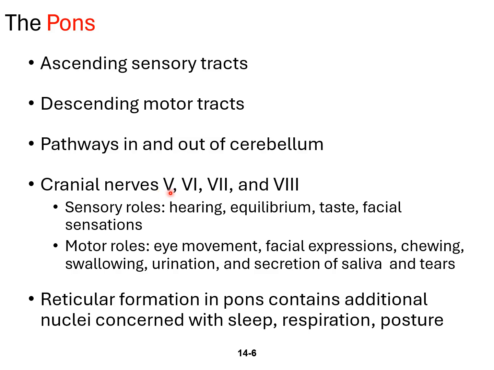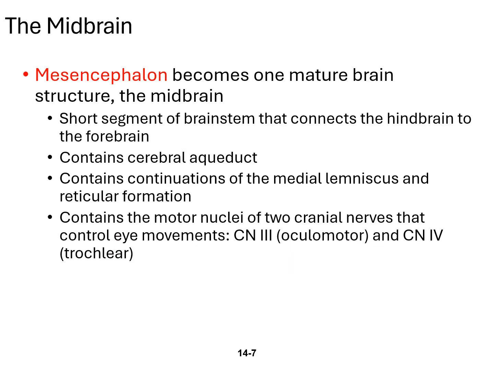It's got cranial nerves 5, 6, 7, and 8. It has a reticular formation in the pons, which contains additional nuclei for sleep, respiration, and posture. So the pons has some roles in hearing, equilibrium, taste, eye movement, and facial expressions via the facial nerve.